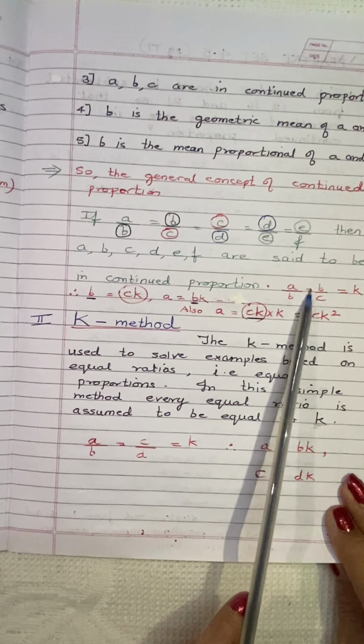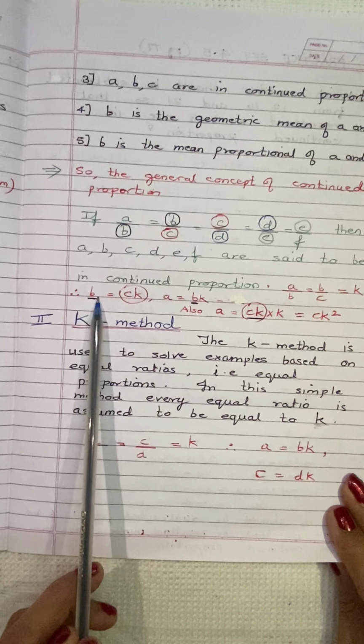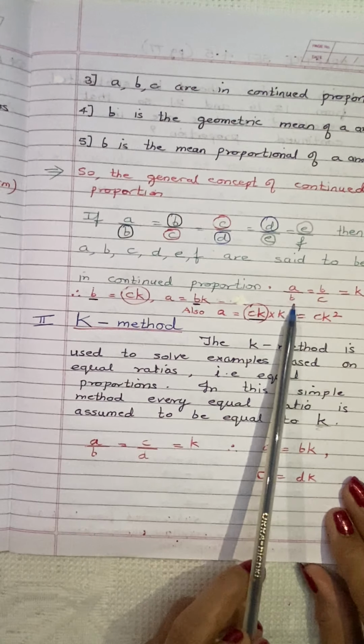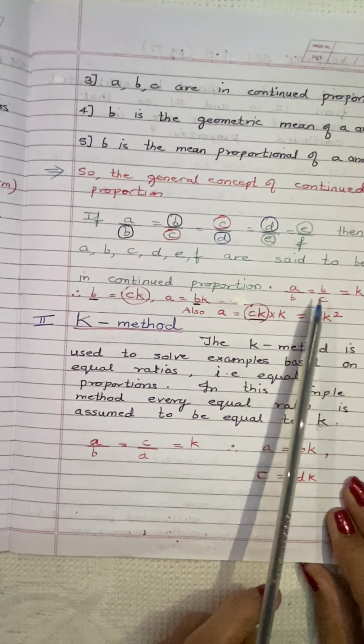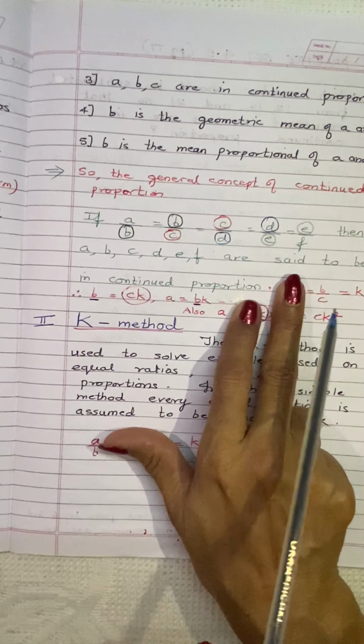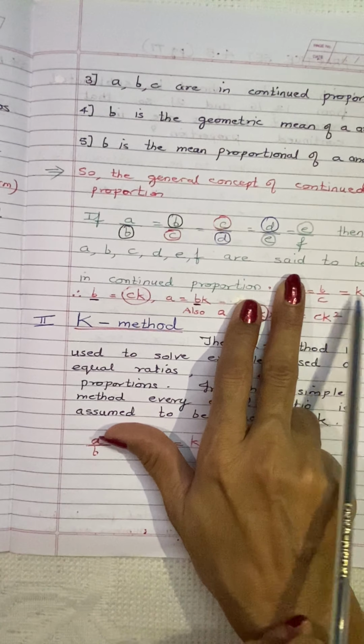So A upon B is equal to B upon C, which is equal to K. Now if you take A upon B is equal to C upon D, then B is equal to CK. If we multiply this C with K, we get B is equal to CK.